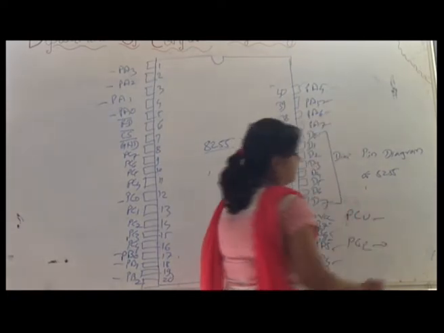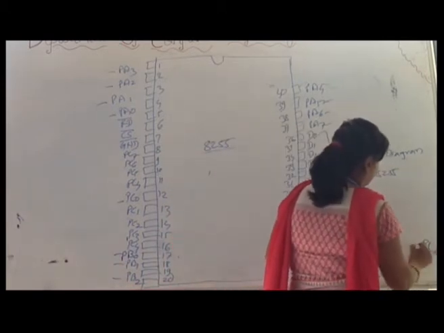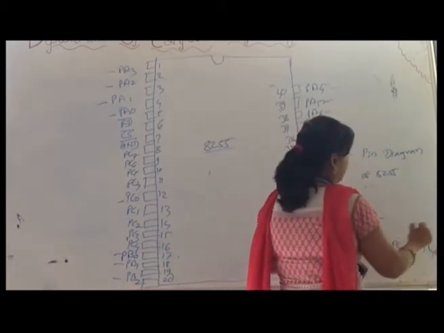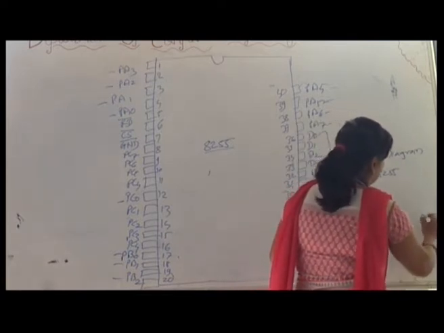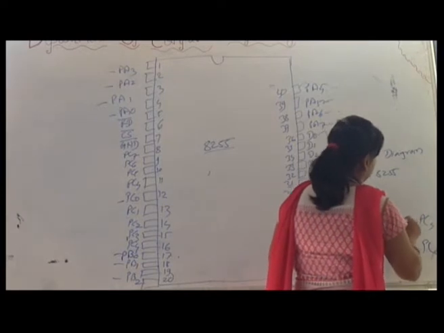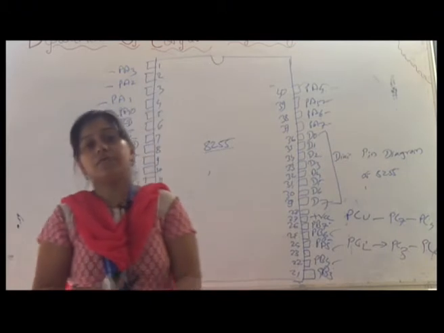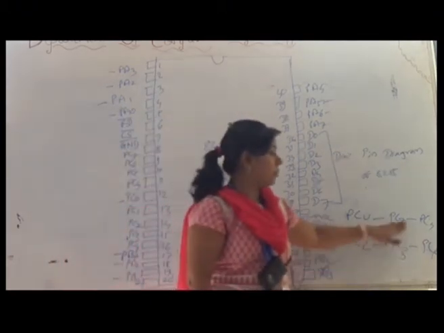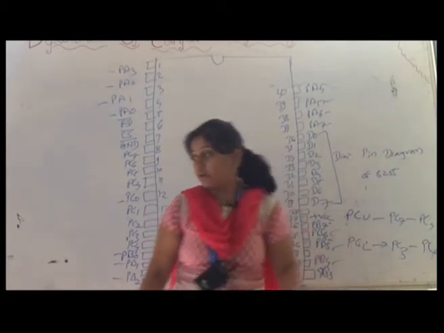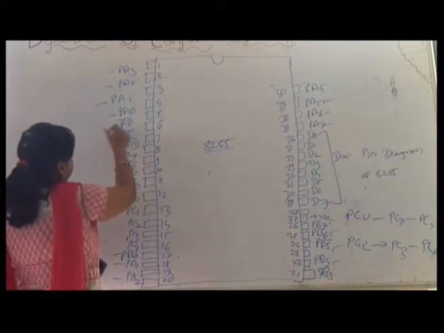The lower half, PCL, starts from PC0 to PC3, and the upper half starts from PC4 to PC7. So these lines are divided into two halves, lower half and upper half, of 4 pins each.